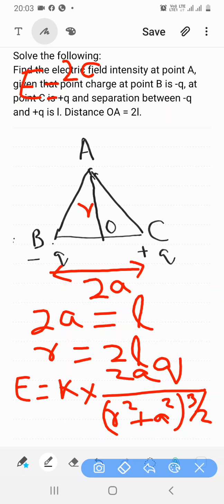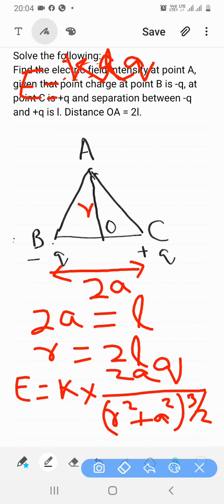So, why not put it here directly: K L Q, not aq.